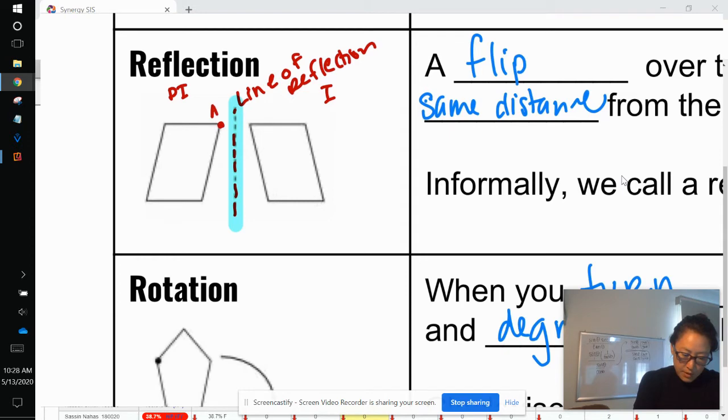My pre-image, if I call that point A and this is A prime, they are equidistant from the line of reflection. We'll say this is B and B prime. The distance to the line of reflection here is the same as the distance from the line of reflection from B prime.